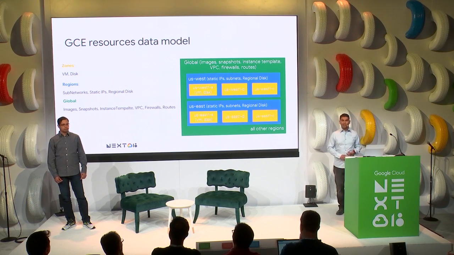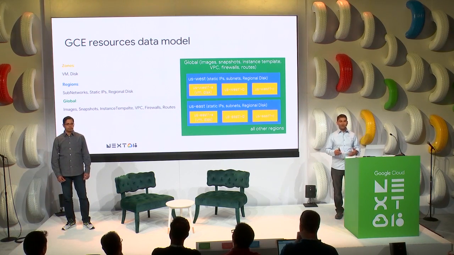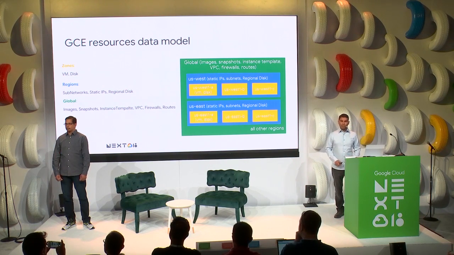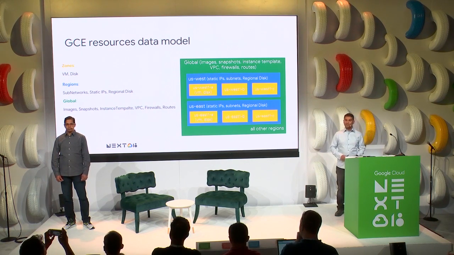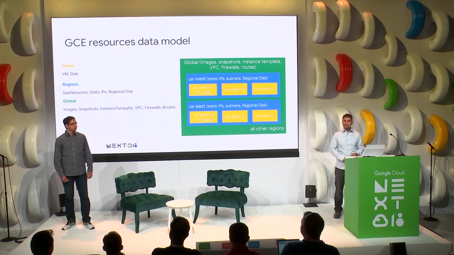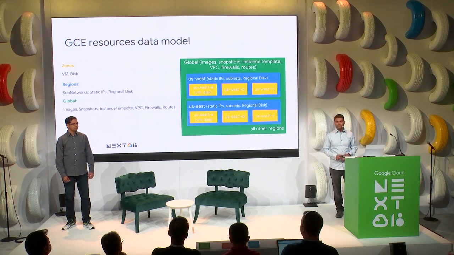Subnetworks, static IPs, regional disks, these are shared resources, but they're shared within a region. Global resources, and the most important ones are images, snapshots, and instance templates. They're shared globally by all the regions.